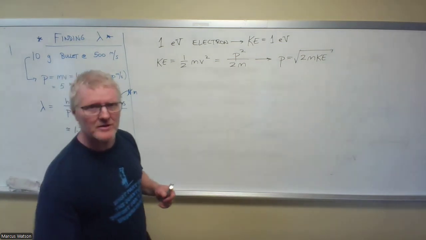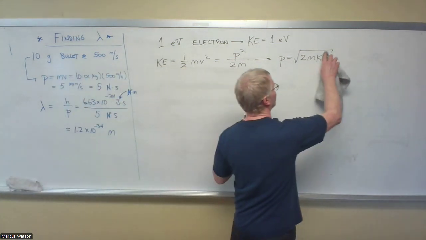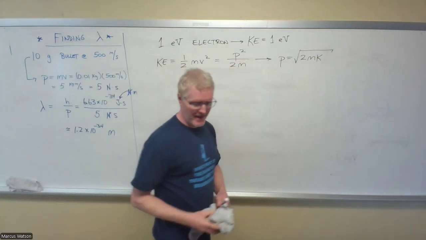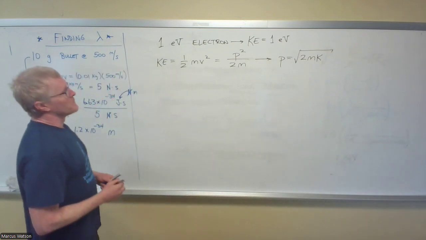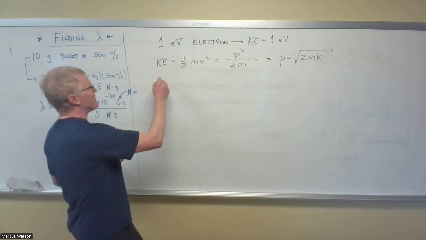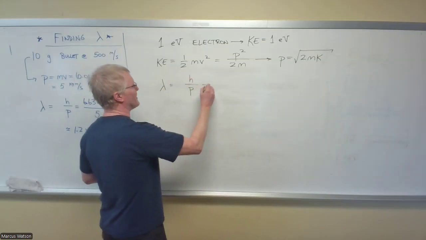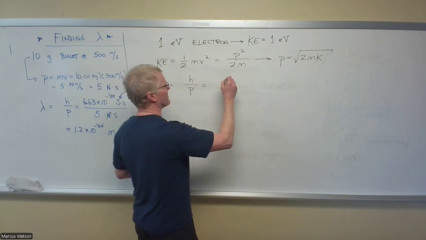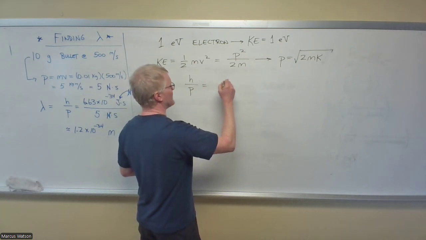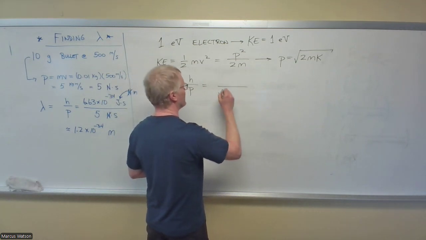Can I just write K at the end? 2mK. And then, if I look at the lambda that's produced by this, h over this momentum, square root of 2mK.